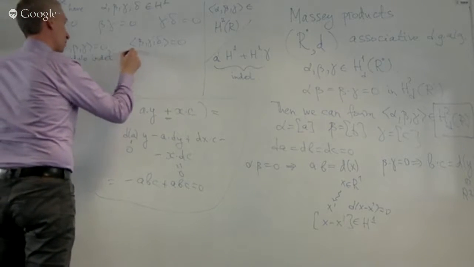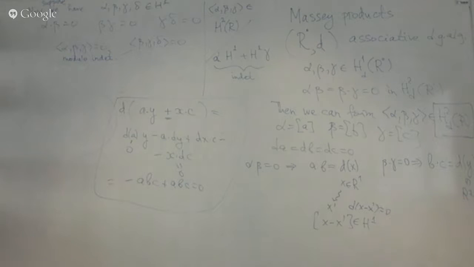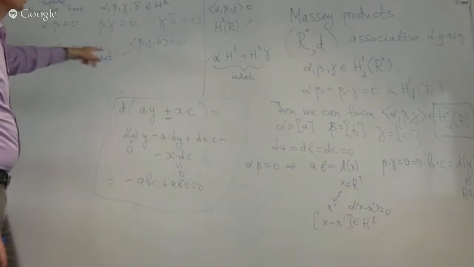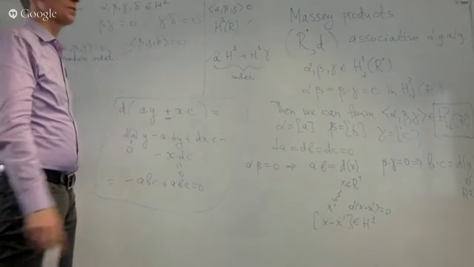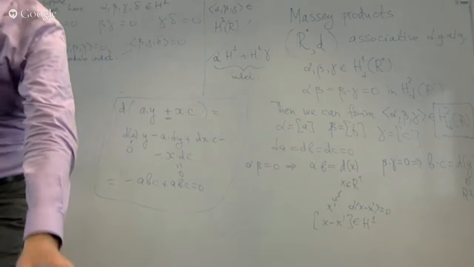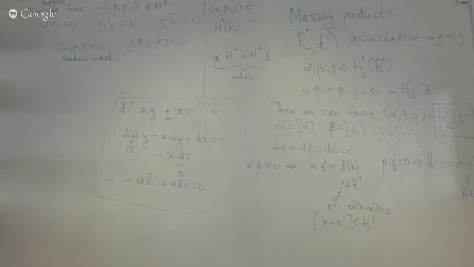Now suppose I have this condition, so this is 0 in the homology, and this is 0 modulo indeterminacy. Let me write that suppose this product is 0 and this indeterminacy. Then I have a bunch of elements of my DG algebra, and out of them I can construct yet another element, which will be closed.